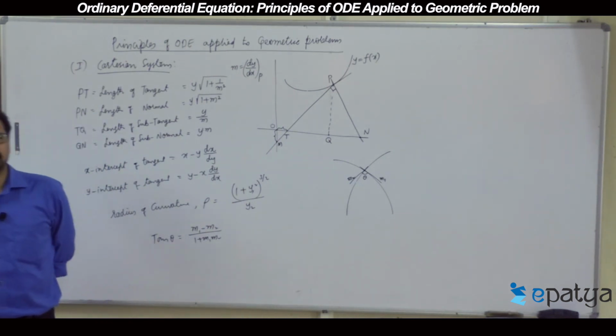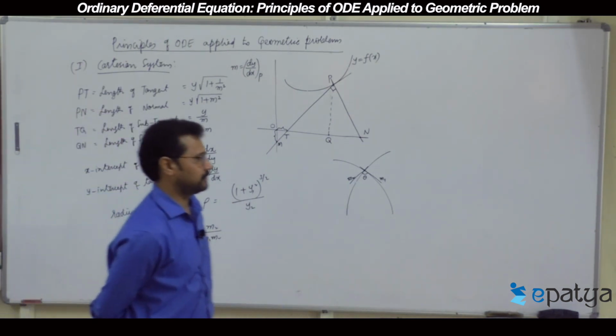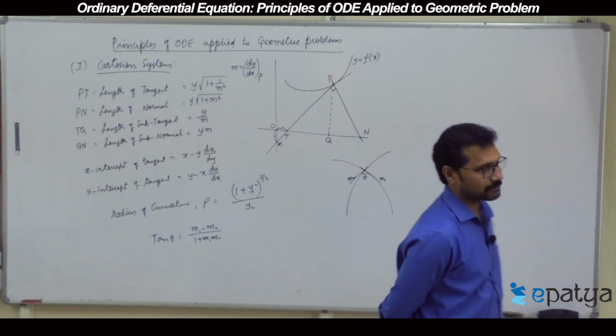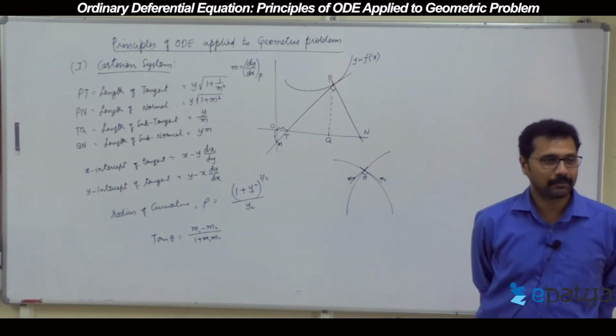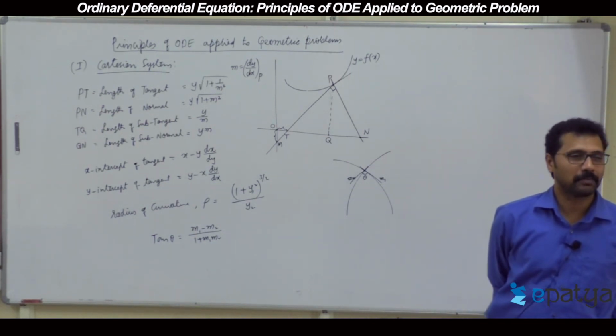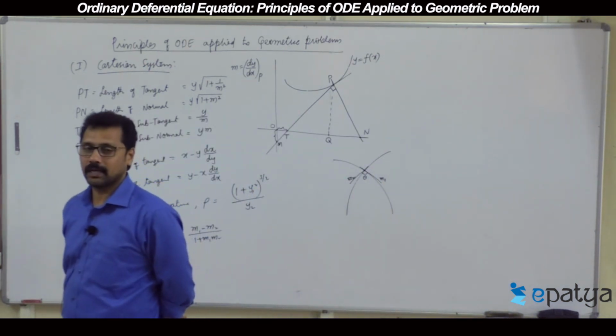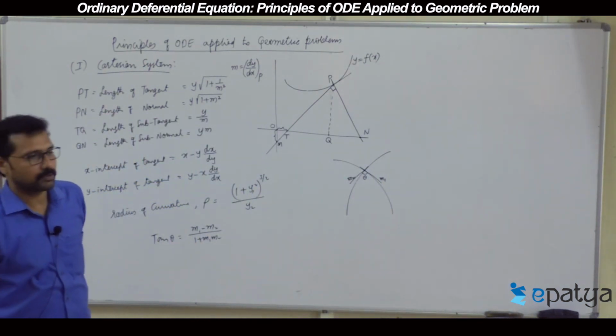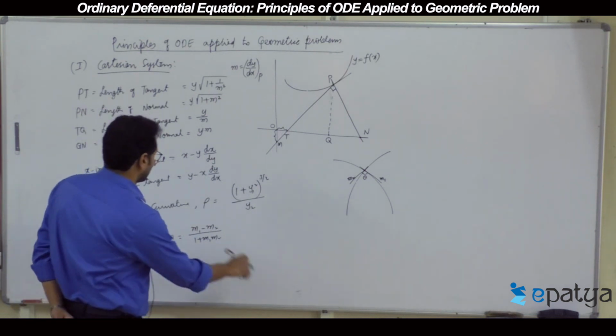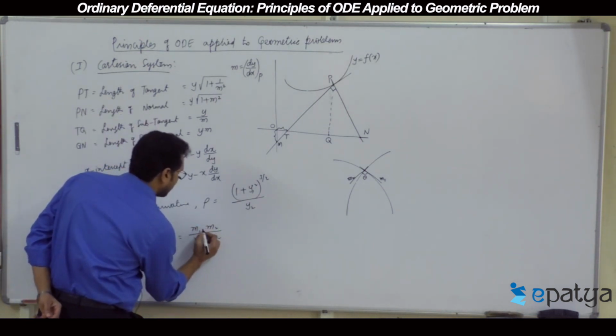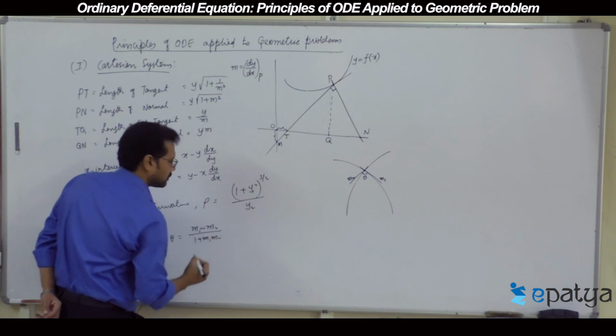Why only M1 minus M2? Why should it not be M2 minus M1? It can be M2 minus M1 also. Depending upon which one is bigger, which one is smaller, you will get acute angle or obtuse angle, and both of them are angle between them.